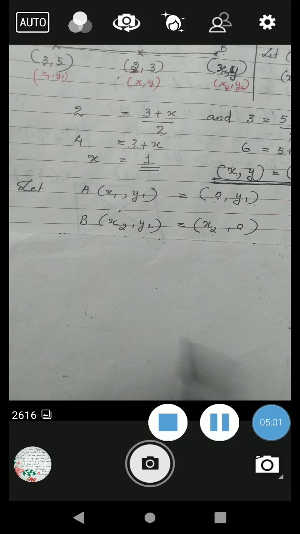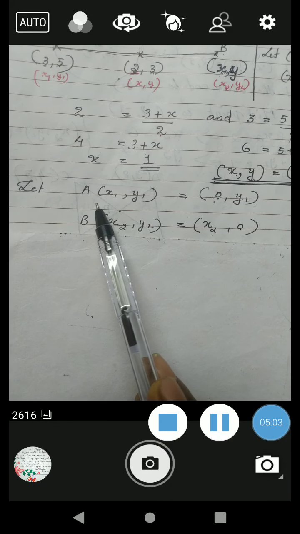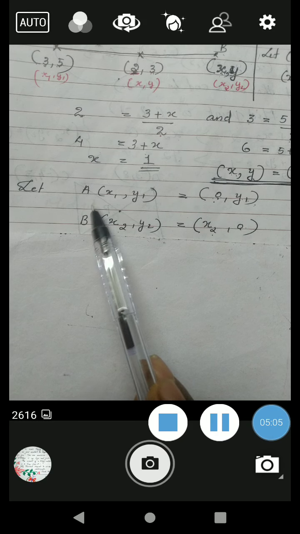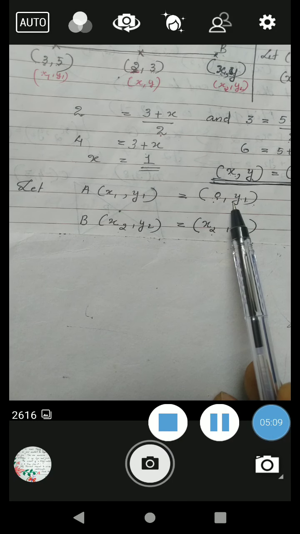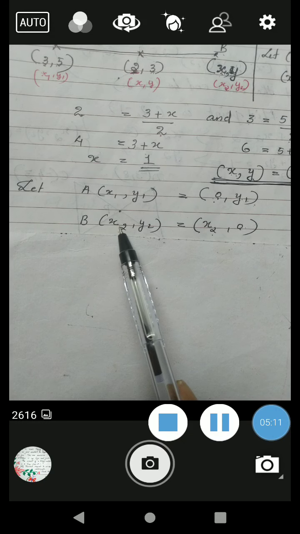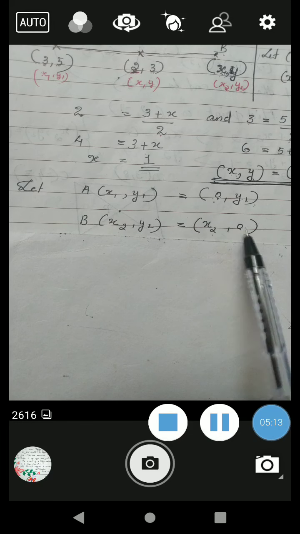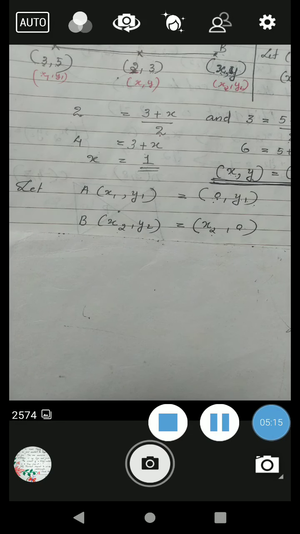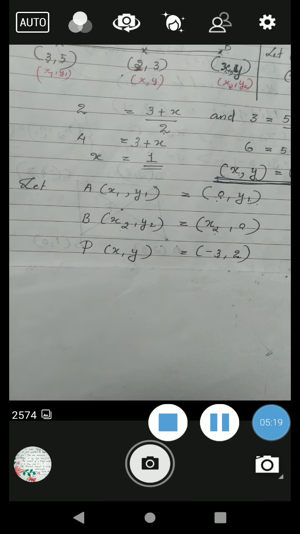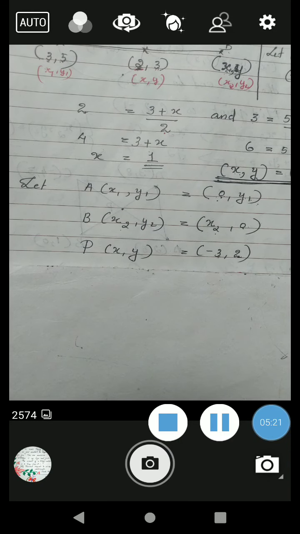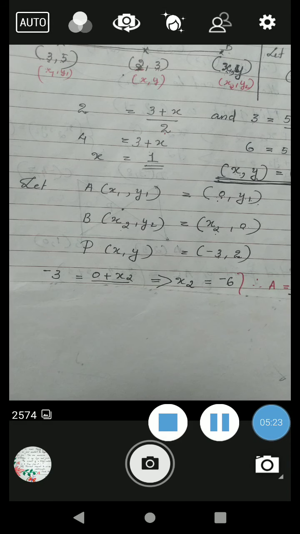Therefore, we can choose A x1 y1 as 0, y1 and B x2 y2 as x2, 0. Okay, and P x, y is minus 3, 2.